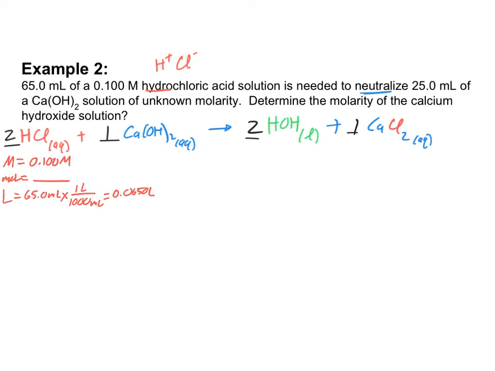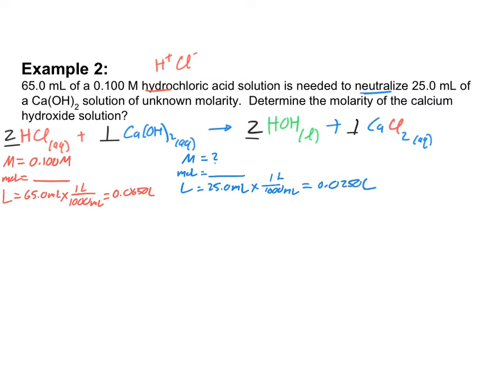So what do I know about my base? I don't know the molarity, but that is what I'm being asked to determine. I also don't know my moles, but I think I'm going to have to calculate that. But I do know my volume, which is 25.0 milliliters, or 1 liter over 1,000 milliliters is 0.0250 liters.